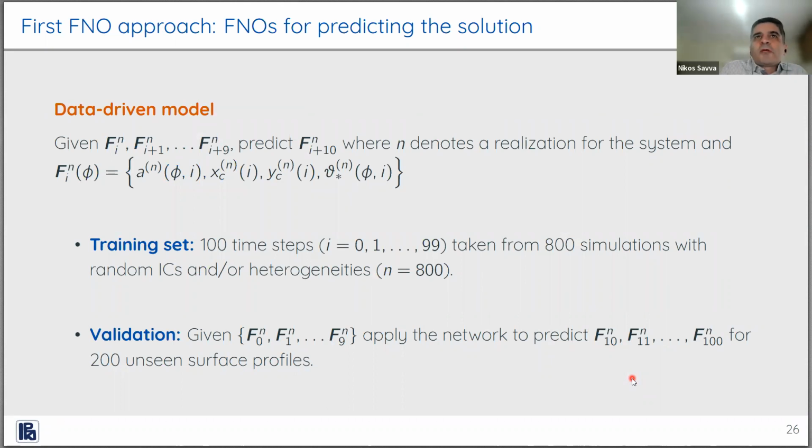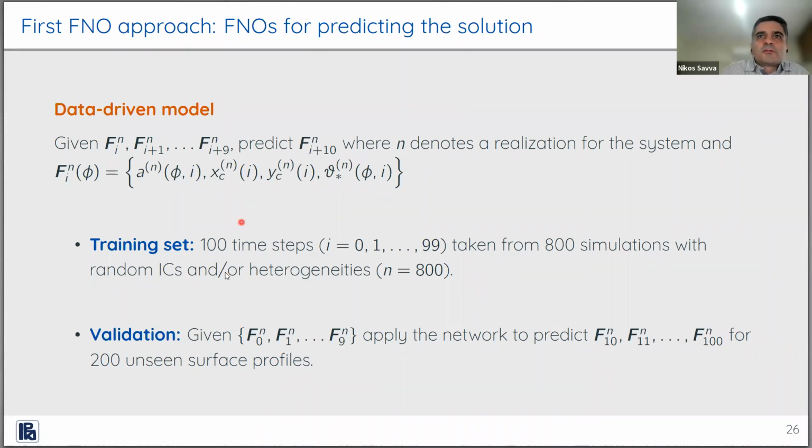So we are going to be invoking 2 methods. The first one is purely data-driven. What we want to do is, given the solution at 9 previous steps, predict the solution at the following step, where n here is used to denote some realization of the system. We know the contact line shape, the radius, the centroid, and the local contact angle.